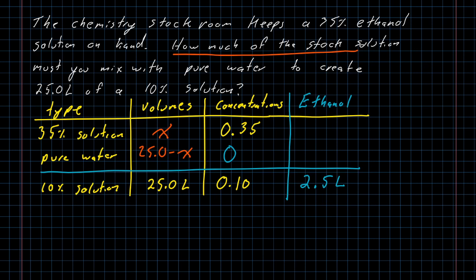But then from here, I'm going to multiply across. x times 0.35, there's 0.35x liters of ethanol in the x liters of the 35% solution. And then the reason I said we didn't need that other volume, I'm going to multiply 25 minus x times 0 to get that there are 0 liters of ethanol in the pure water.